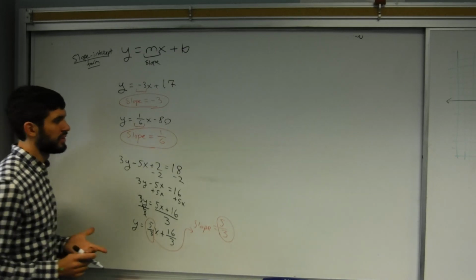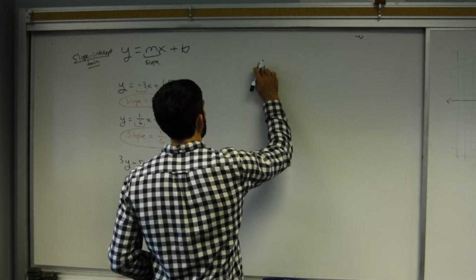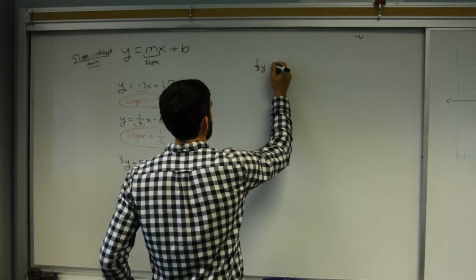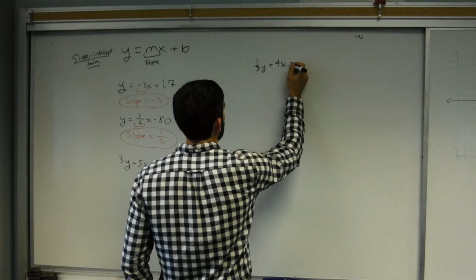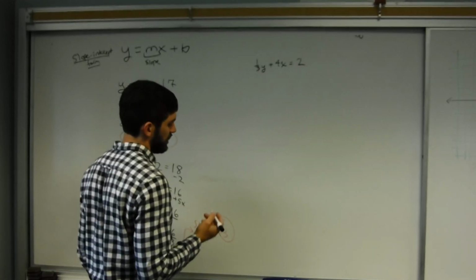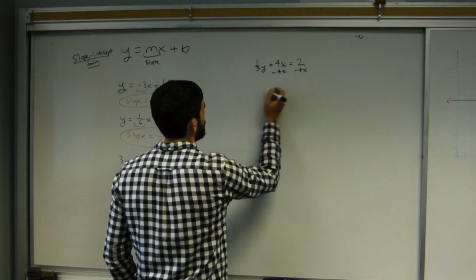So I'll just do one more example real quick. What if we have, let's do another number, 1/3 y plus 4x is equal to 2. In this case, we start by subtracting 4x from each side.